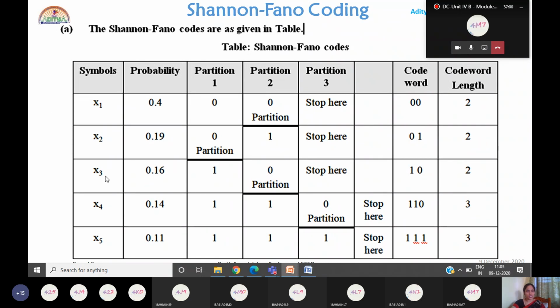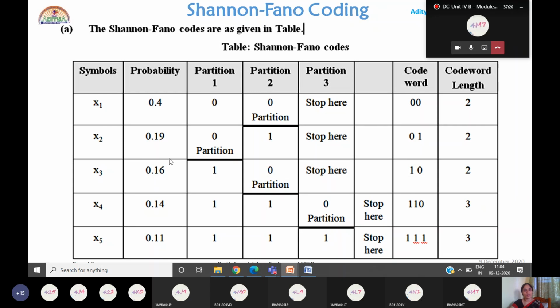So represent all the symbols in decreasing probabilities. You can see I have mentioned 0.4, 0.19, 0.16, 0.14, 0.11. Now the first step is over.